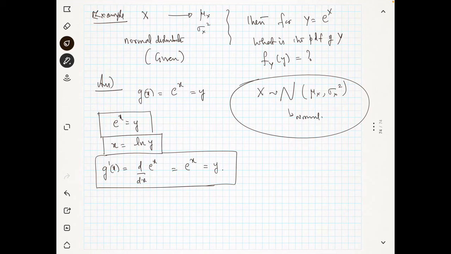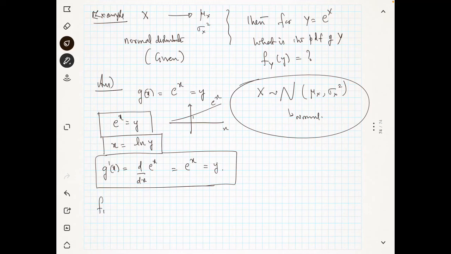Now you have the basic idea that e power x is strictly a monotonic function of x. So you don't need to worry about it because there will not be two roots for this. So you have got this idea.